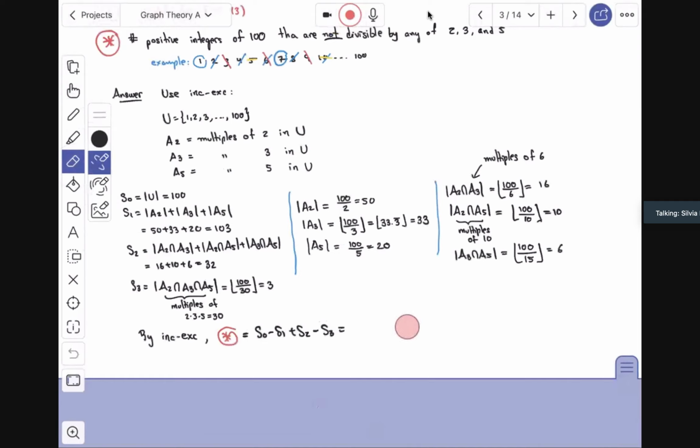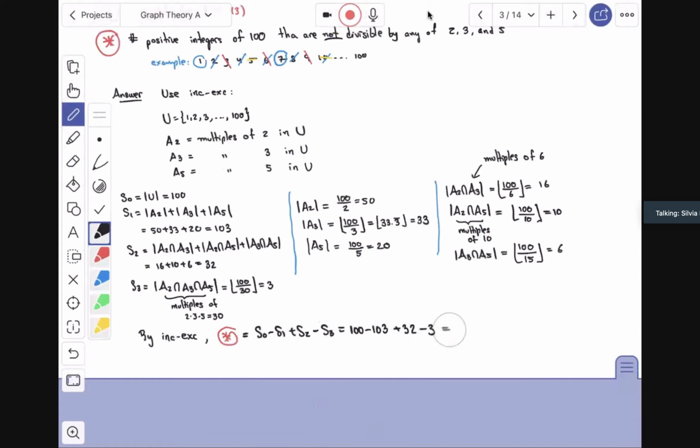I forgot my S0. So 100 minus 103 plus 32 minus 3. 26. I did something wrong. What did I do wrong? Well, hopefully I added everything correctly. If you find a mistake in my computations, please just let me know. But it seems it's okay.